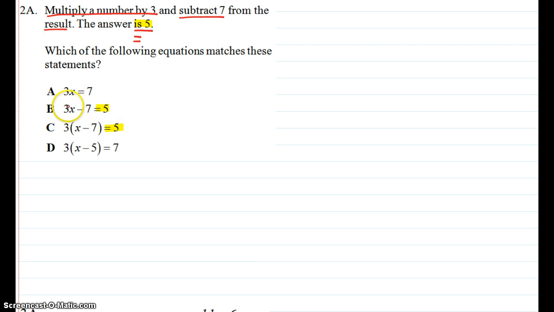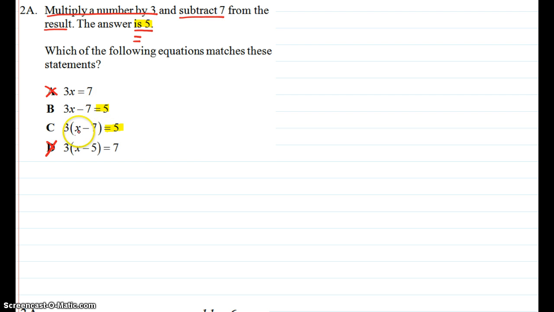So again, we can get rid of two wrong answers right off the bat, and so now we're down to just a 50-50. Now go back, it says multiply a number by 3 and subtract 7 from the result. So I want to subtract 7 from my answer after multiplying by 3. And so this one says 3 times x, and then we subtract 7.